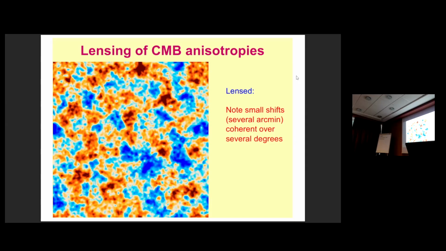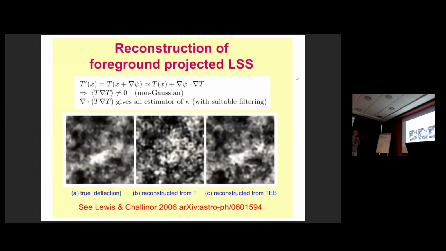If you assume that the intrinsic fluctuations are Gaussian, then you can do reconstruction. This has been shown to work extremely well. For example, Wayne Hu, who really initiated this whole field, took some input projected matter fluctuations, including CMB temperature and polarization maps, and you can pull out pretty well what you put in.